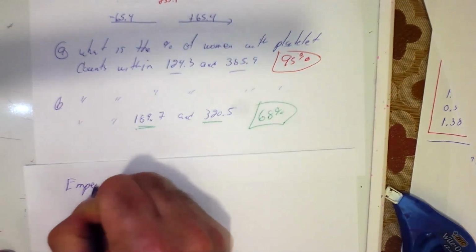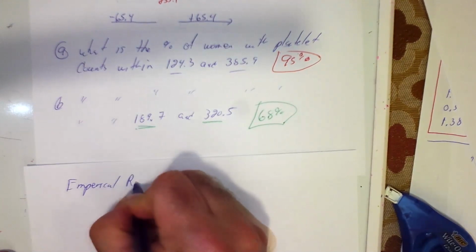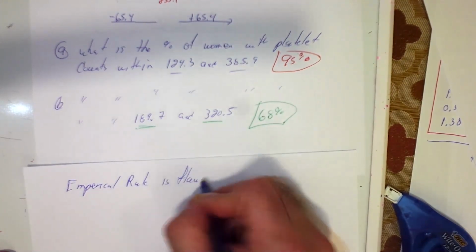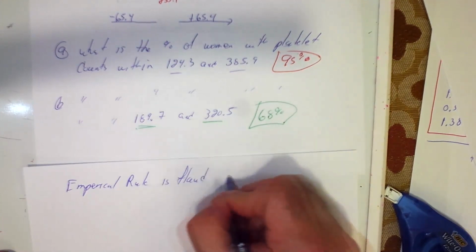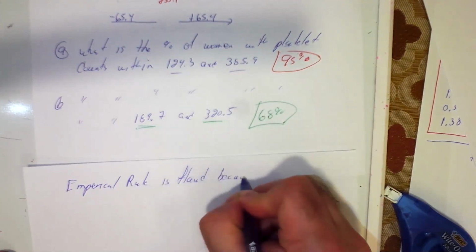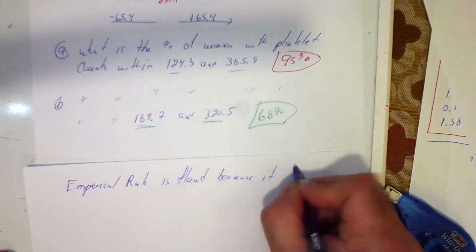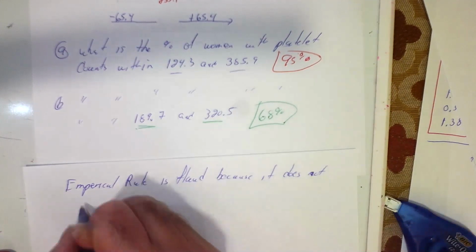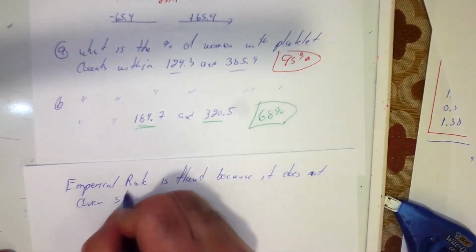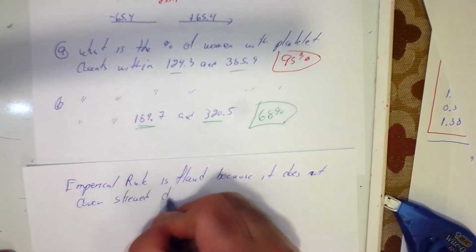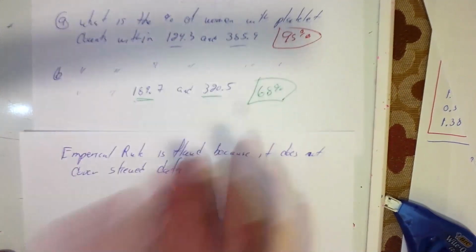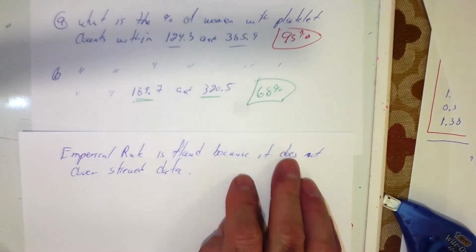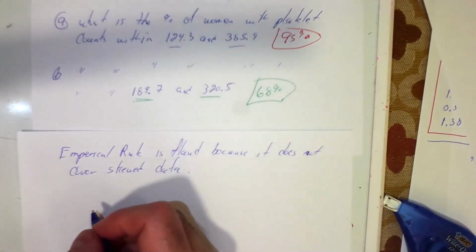The empirical rule is flawed because it does not cover skewed data.